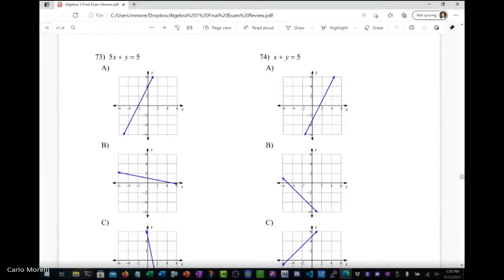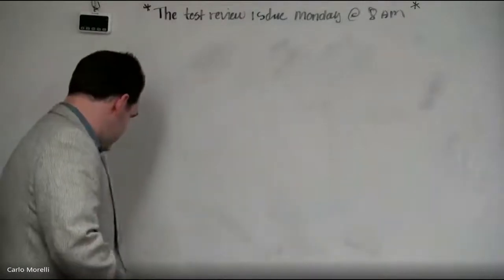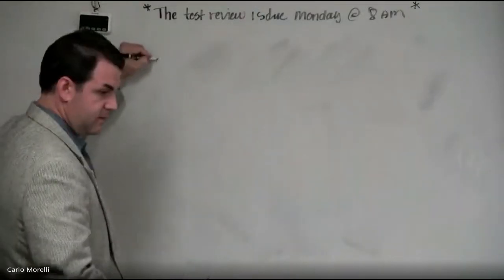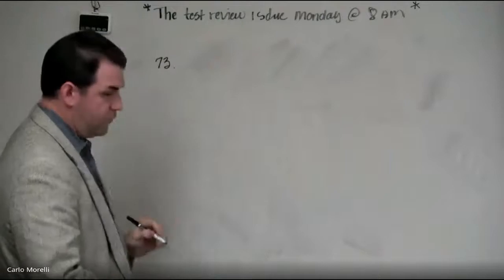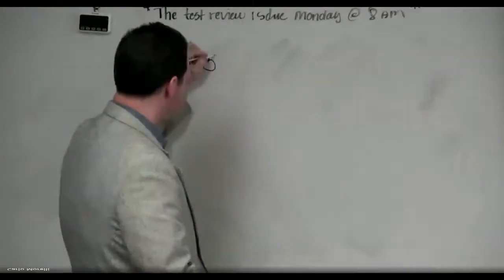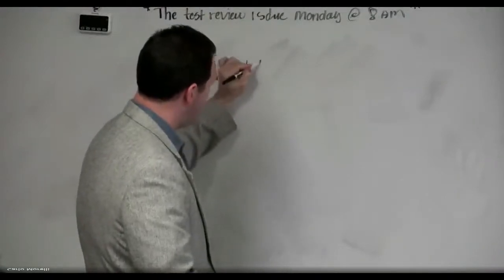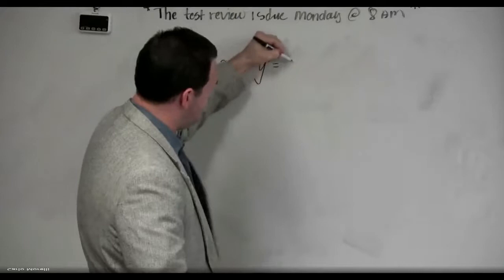So now we're on to number 73. 5x plus y equals 5. All right, so this is number 73. You have to write this one down and do some work. 5x plus y equals 5.